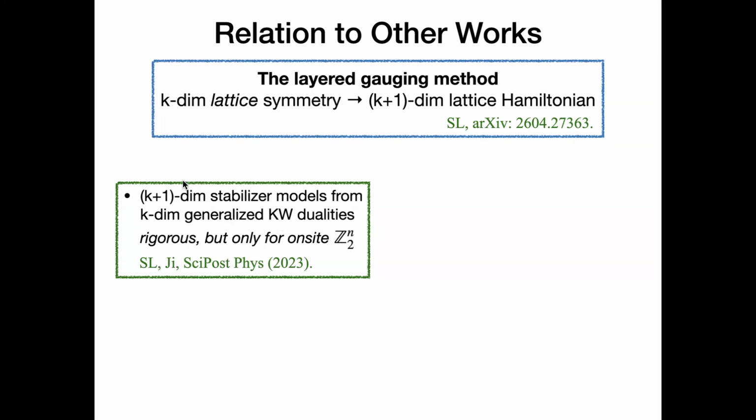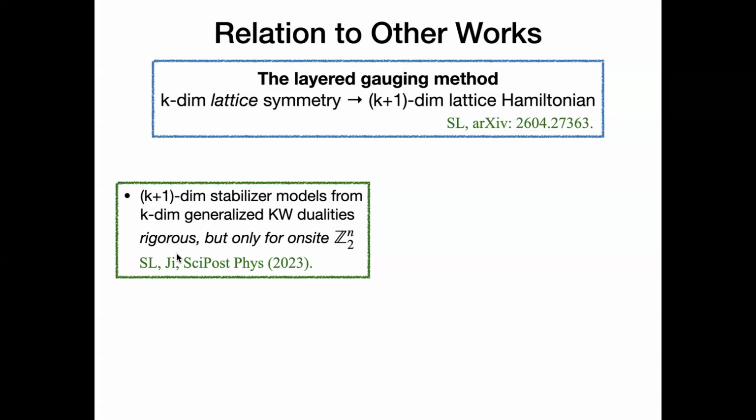There are always some generalized symmetries when you talk about Kramers-Wannier dualities, and these are basically the symmetry corresponding to the k plus one dimensional topological order. The advantage of that construction is that it is mathematically rigorous, so we can rigorously prove that we have constructed a non-trivial topological order, and we can rigorously describe the boundary theory of that topological order.